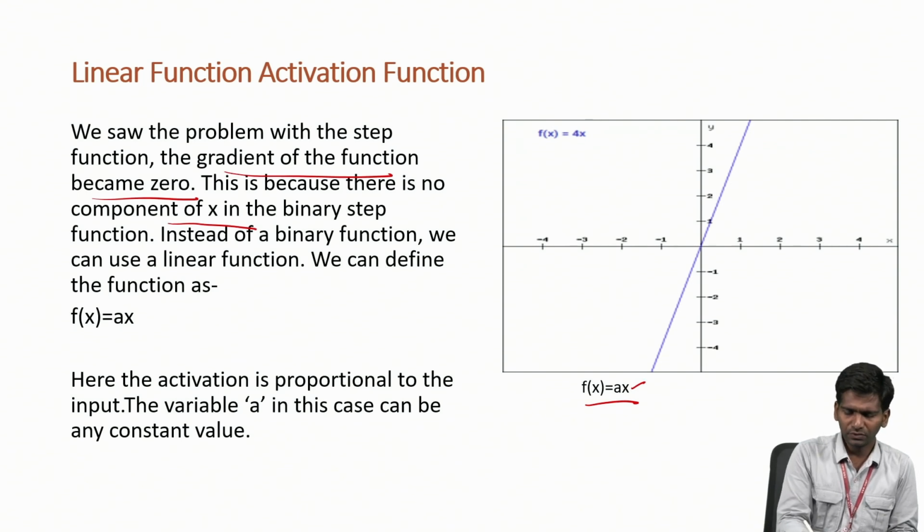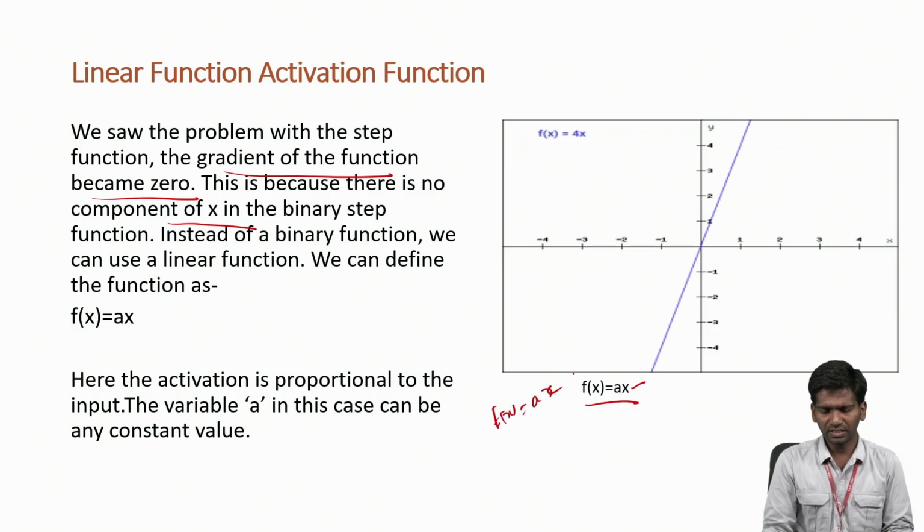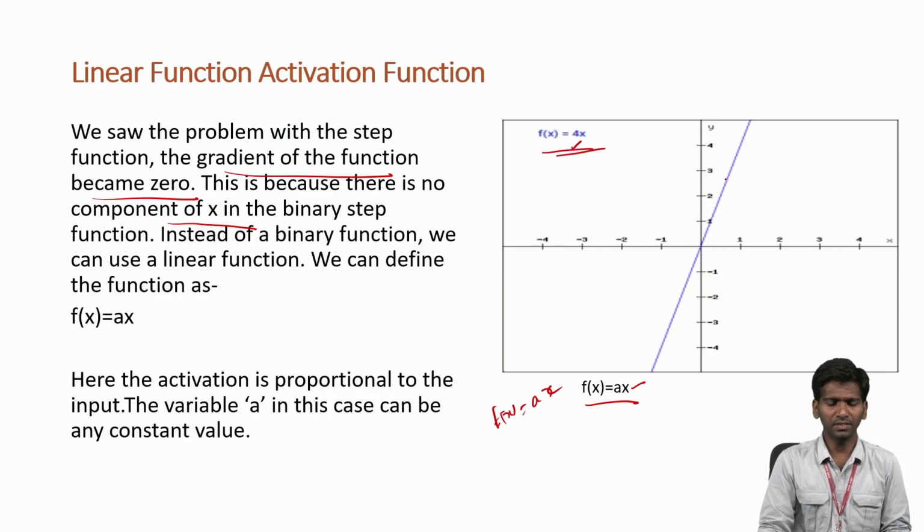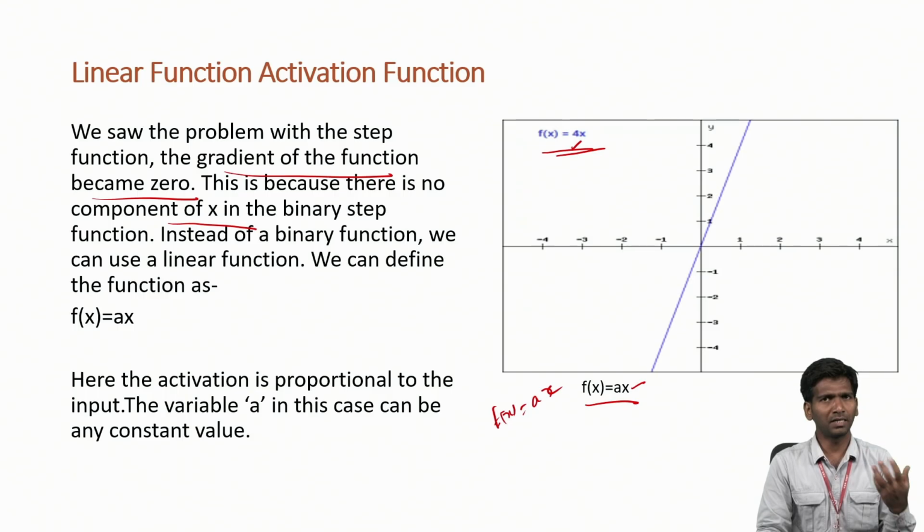Here you see the equation f of x is equal to ax, where a is some constant and x is some value. You can see here a value is 4, f of x is equal to 4x, and the graph is also shown here. With some constant value, we are multiplying the x value in order to get the output.